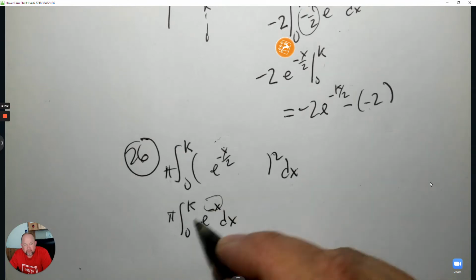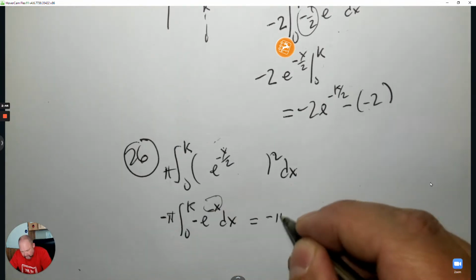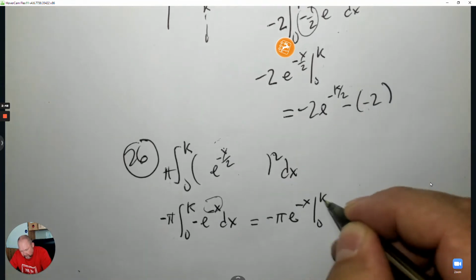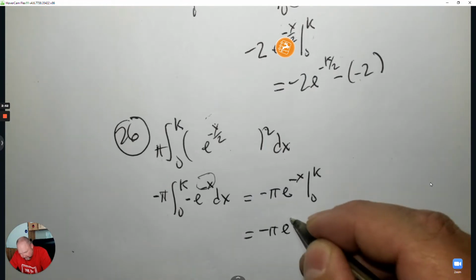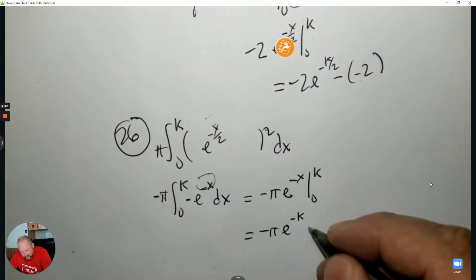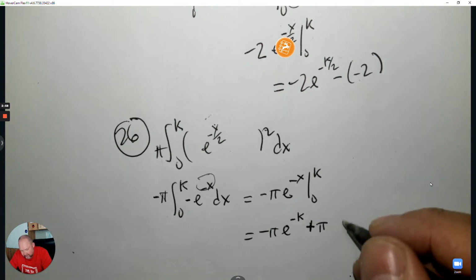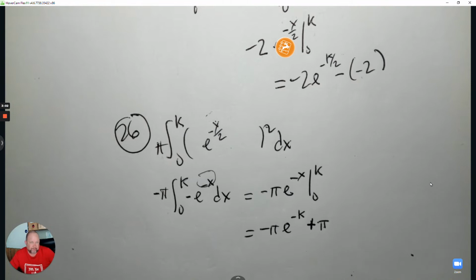The hook is negative 1, so I need a negative pi. And then you plug in k, subtract. Remember, when you subtract a negative, you're adding, and then plug in 0, which just leaves me with pi.